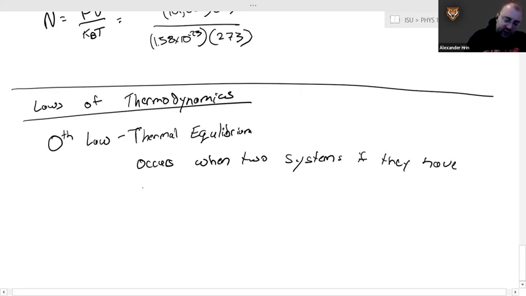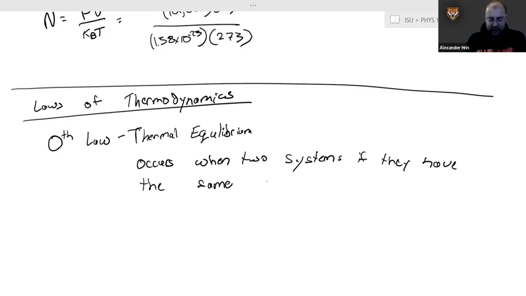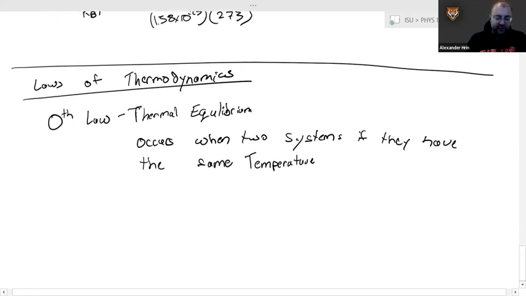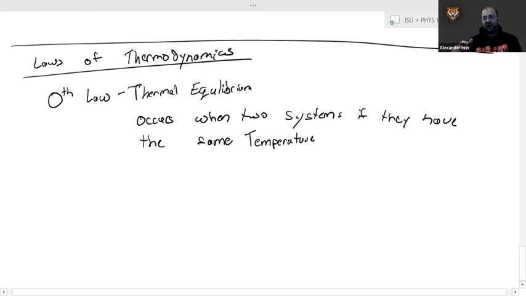Having the same temperature is basically an indication that no interesting thermodynamics is going to happen in these systems. That's not entirely true, but it basically means that no heat will flow, which means a lot of what we do in thermodynamics is not going to be operative here. They're in thermal equilibrium.